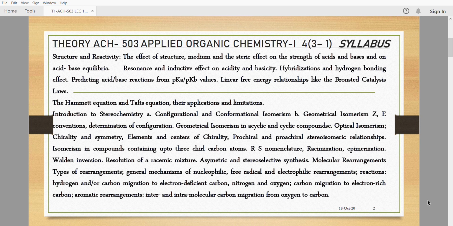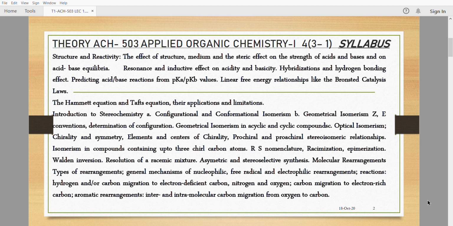Inductive effect, positive, minus, hyperconjugation, all these factors will be discussed, and hybridization, no doubt that sp3, sp2 and sp, how they affect the acidity or basicity in acid base reactions.